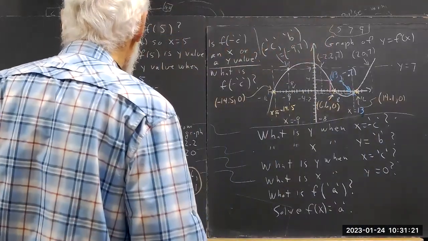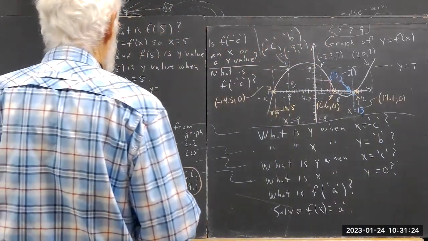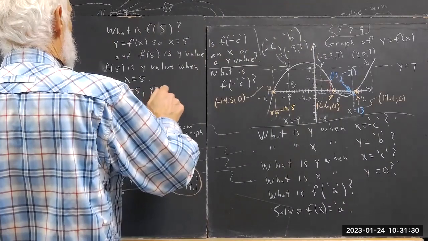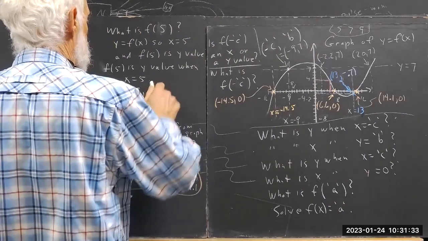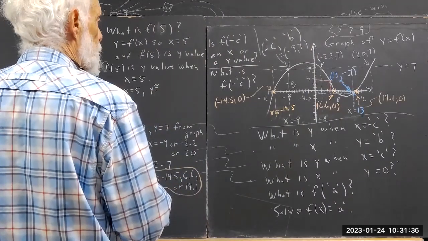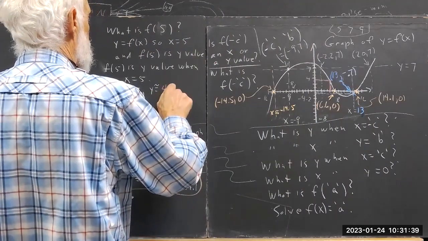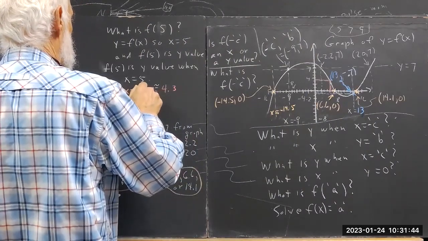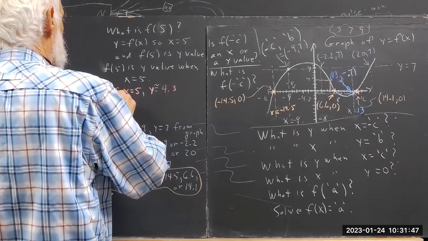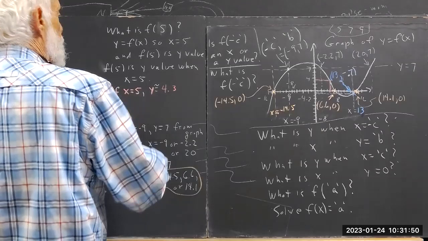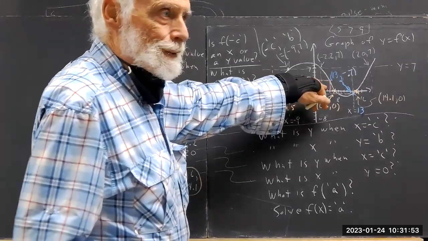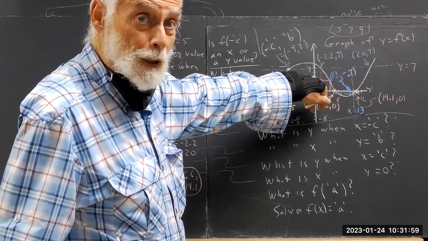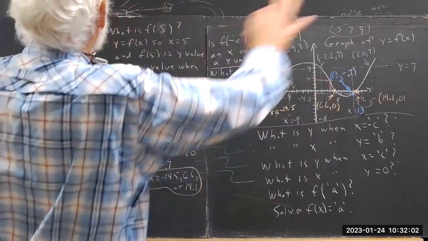So I'm just going to have to say, okay, x equals 5, y is approximately 4.3. I've got this in red, so it corresponds to these projection lines, and I don't have room because I should have made a much bigger graph.